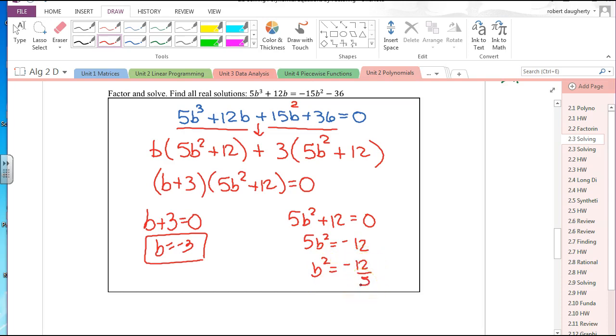At this point, I know that this is complex because when I take the square root of a negative number, the solution is b equals plus or minus i square root of 12/5. This is complex, so this is my only solution because I was told to find all real solutions. So that is my only solution, b equals negative 3. The other solutions are complex in this particular case.